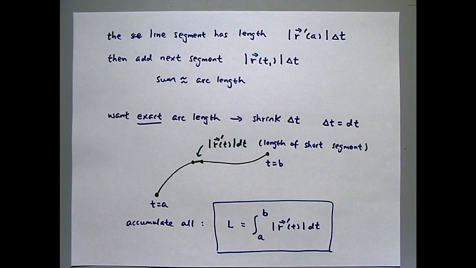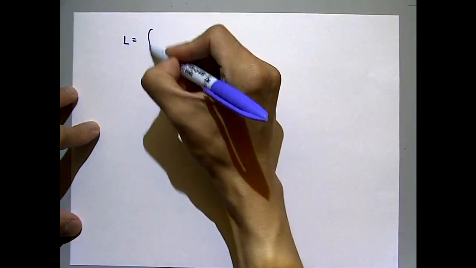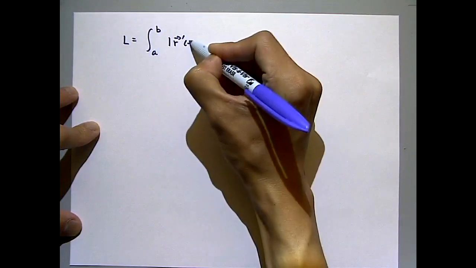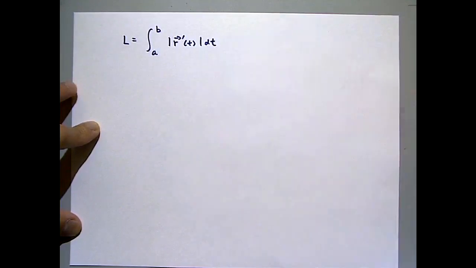Does that make sense, the reasoning behind this formula? Yeah? Okay, so we're accumulating little pieces to get the total length. So let me write that formula again: L equals the integral from a to b of the magnitude of r prime of t dt.